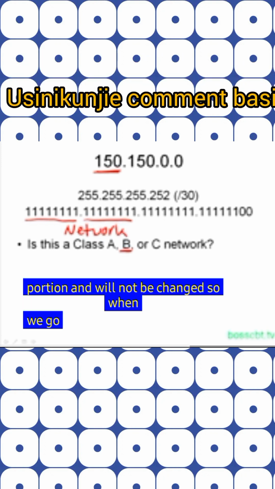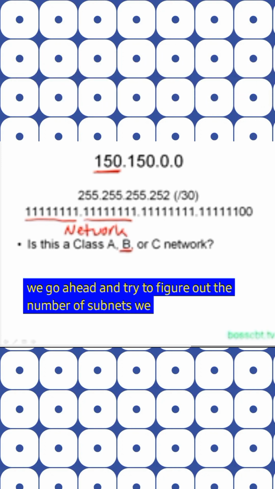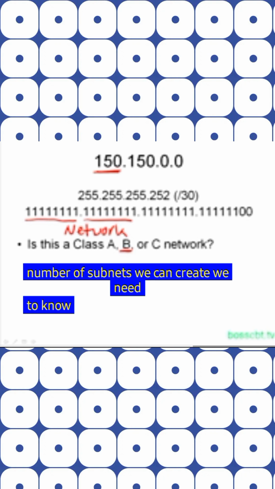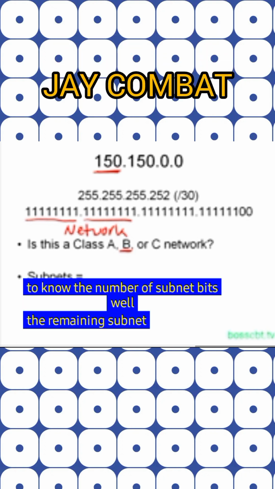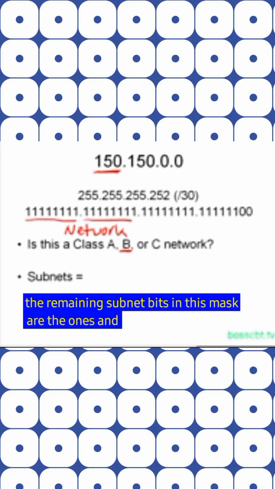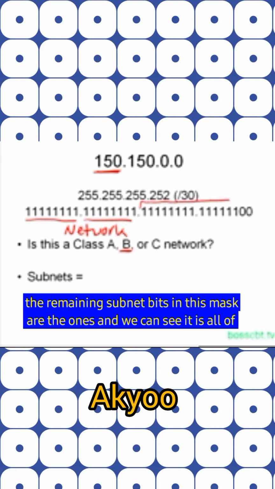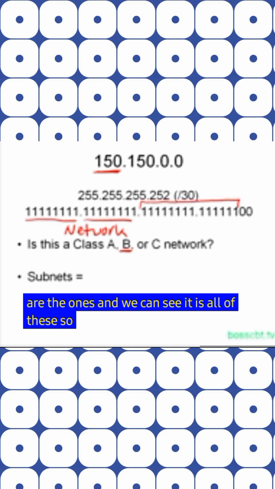So when we go ahead and try to find the number of subnets we can create, we need to know the number of subnet bits. The remaining subnet bits in this mask are the ones, and we can see it is all of these. So our formula will be 2 to the power of 14.